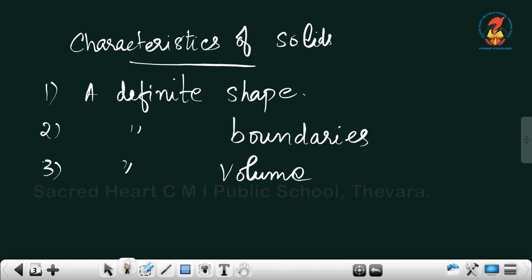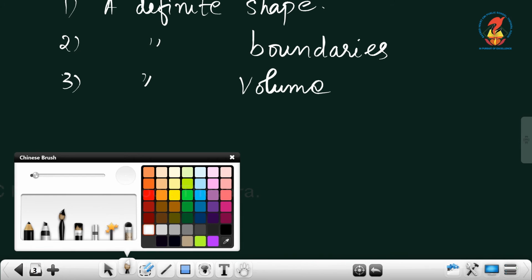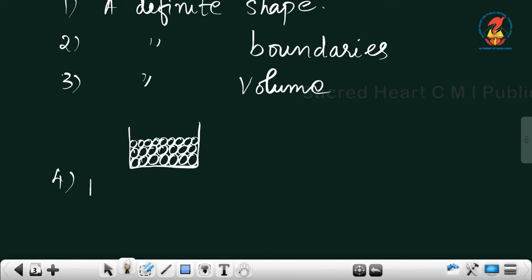And then if we are talking about the arrangement of particles in solids, we can see how these particles of solids are arranged. Suppose we have taken any solid material in a vessel, the arrangement of particles will be like this. So what about the arrangement of particles? Particles are tightly arranged.